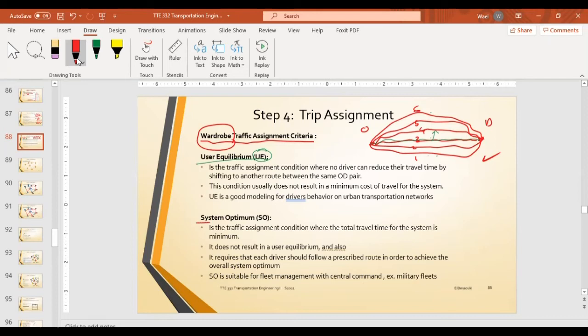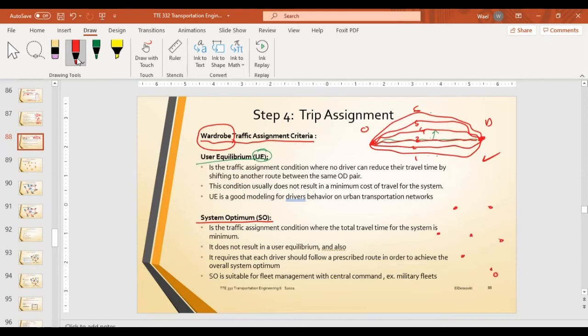But there is another method called system optimum. System optimum, okay, is a traffic assignment condition where the total travel time for the system is minimum. Meaning here, guys, we are focusing just on one OD pair, but here we are focusing on the entire system.